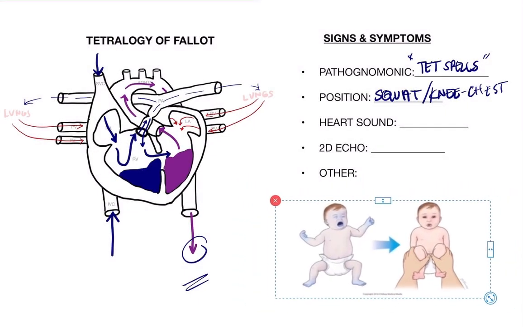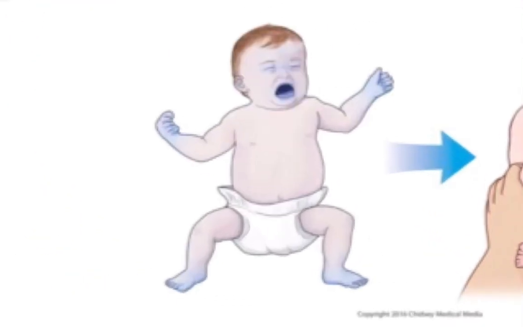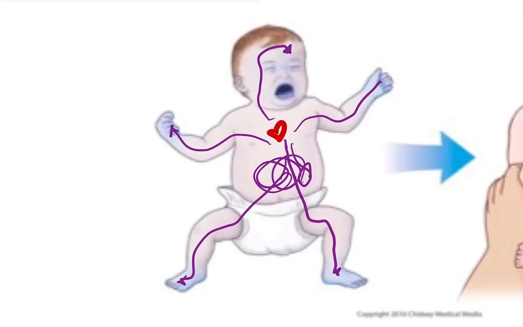If the patient is undergoing TET spells, it's not able to deliver that oxygenated blood to the rest of the body. Okay, so this is our heart, and it's delivering to the rest of the body. It has to deliver to the legs, to the arms, to the abdomen, right? It has to deliver to the brain. Okay.